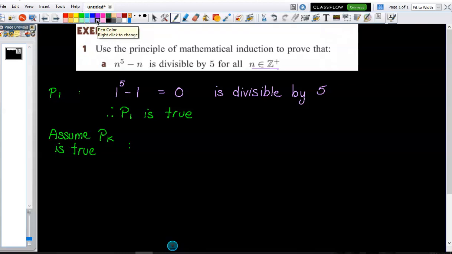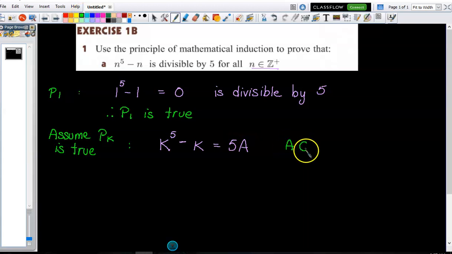I always keep the N's instead of K. So we say, right, K to the 5 minus K equals 5A, and we'll go back to the green because we have to say, yes, A is any integer there, right? Are we happy so far? So again, no real mathematics being done yet.